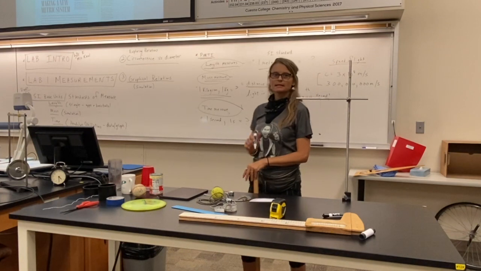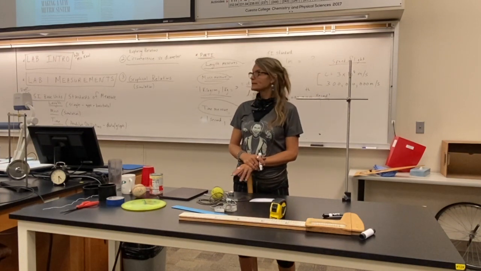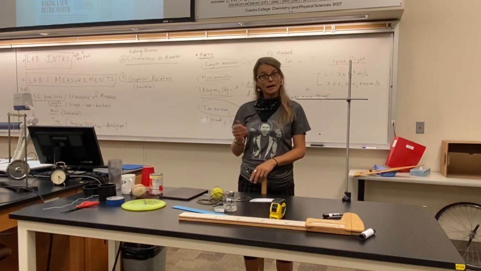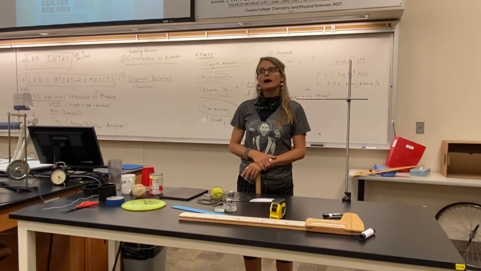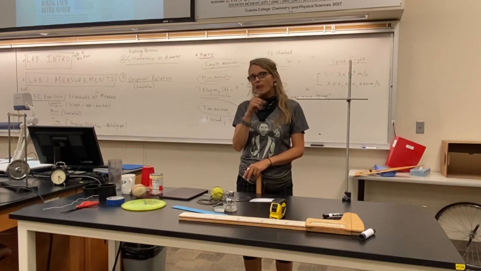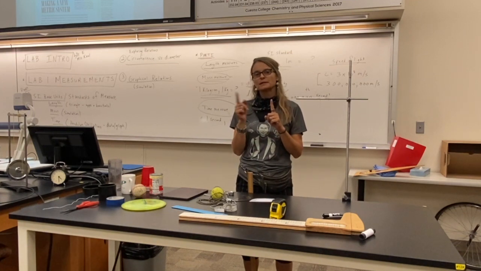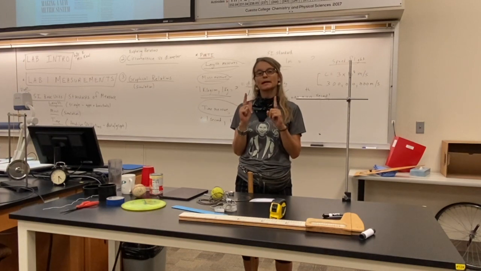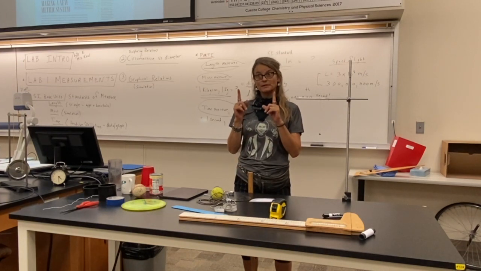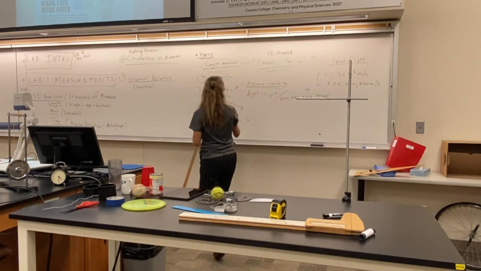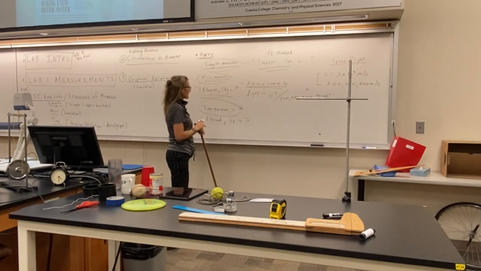So the most precise way of measuring 1 second is using atomic clocks, and there's been a lot of updates. But a basic cesium atomic clock, 1 second is measured as the oscillations between different levels in a cesium atom. So it takes about 9 billion oscillations in 1 second, and that's what we define as our second. So that's the basics of an atomic clock. I'll have a link to that as well on our page.